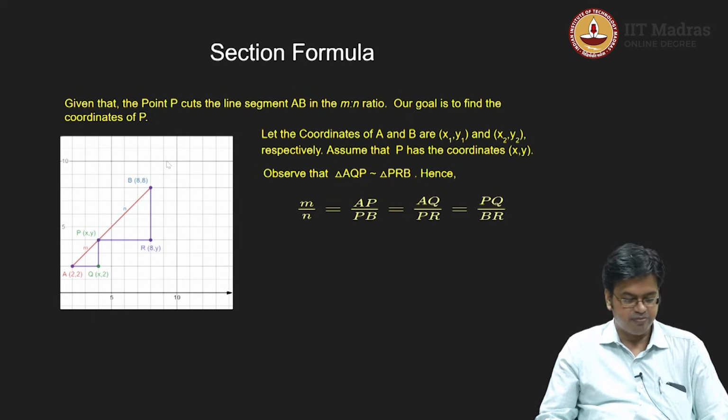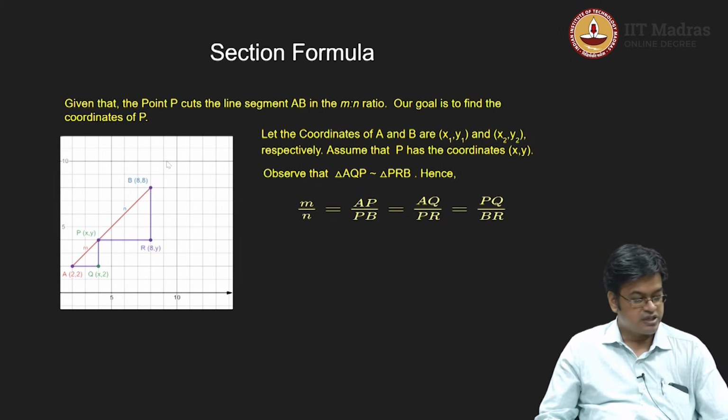Similarly, PR will be 8 minus x, or in our theory x2 minus x. For the lines parallel to the y axis, PQ and BR, you go to the highest value, that is y minus 2 or y minus y1, and the other one, BR, will have y2 minus y.